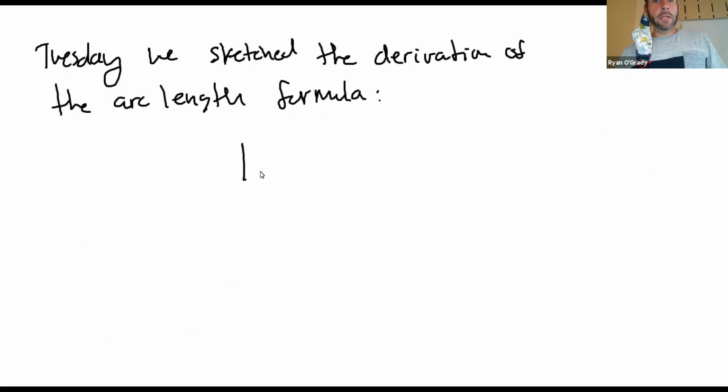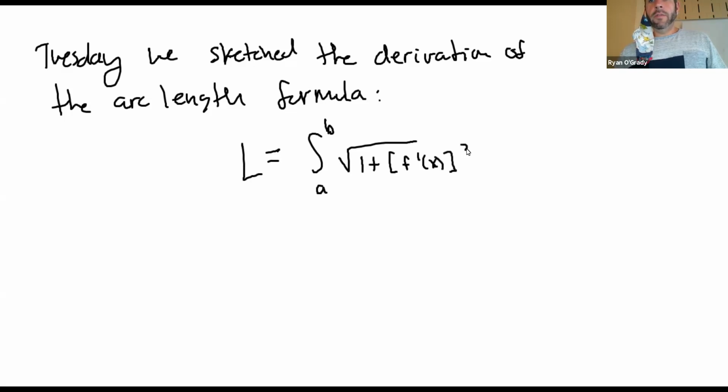And to remind you what that was, the length of a curve on an interval from A to B is the integral from A to B of the square root of 1 plus the derivative squared.